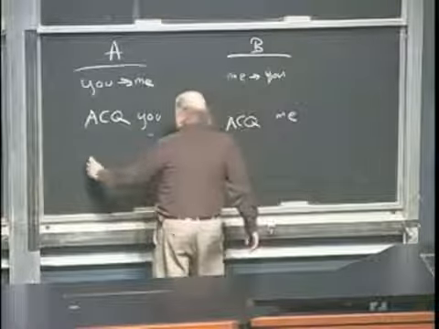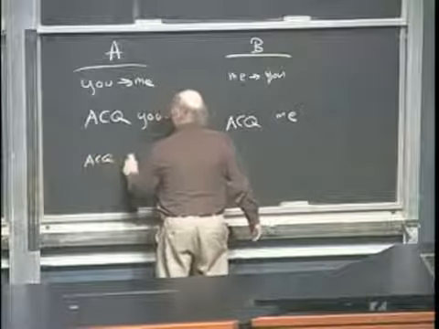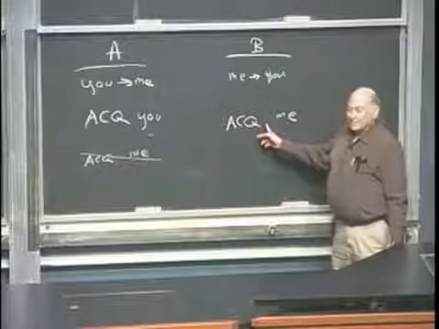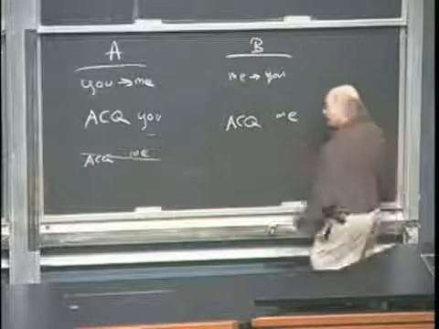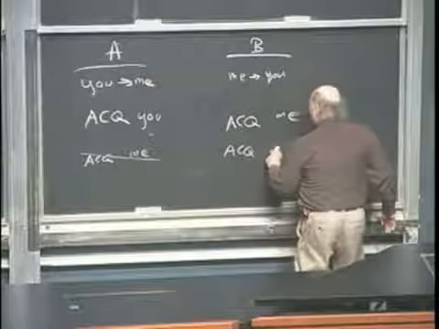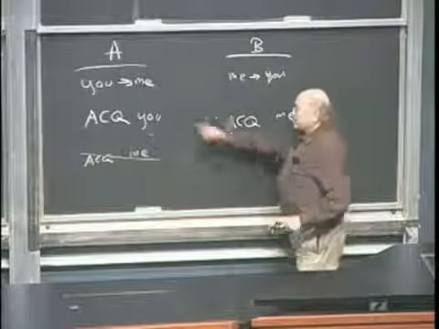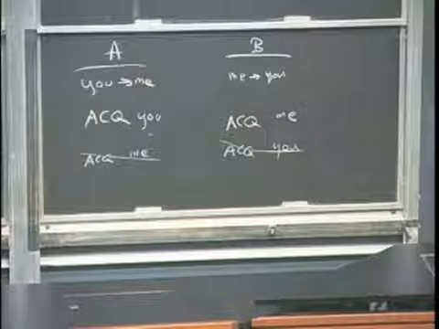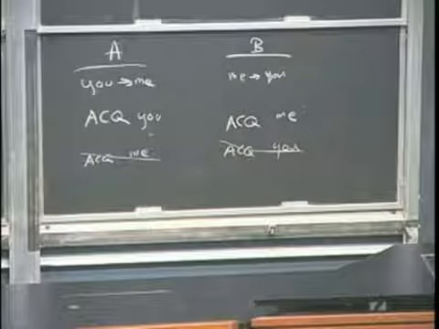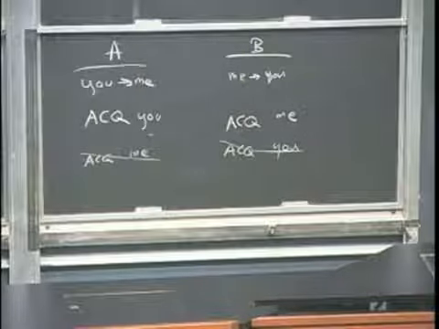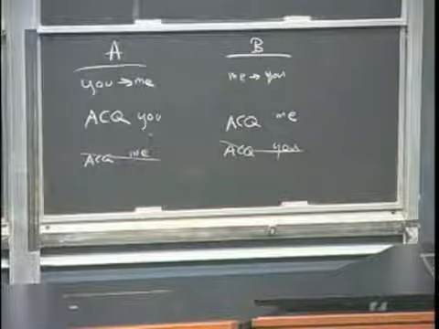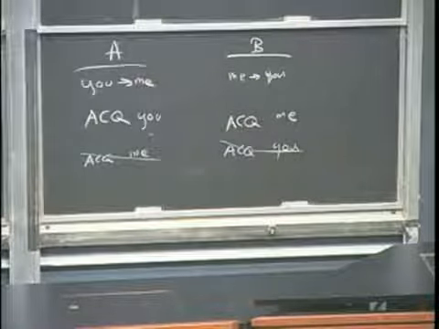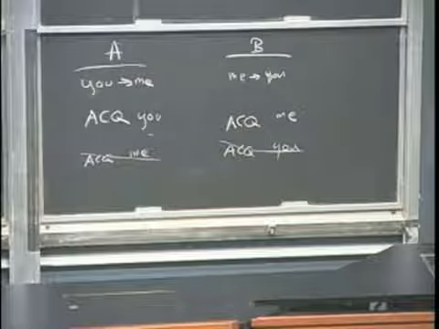Because this guy is going to try to say acquire me, which will fail because he's got it. And this guy is going to try to say acquire you, which will fail because he's got it. Okay? So these two threads need two different concurrency controls, and they acquire them in the other order from each other, because one is trying to transfer money from me to you, the other is trying to transfer money from you to me.